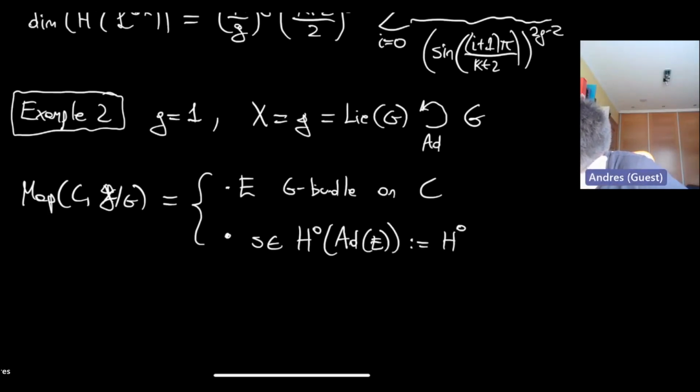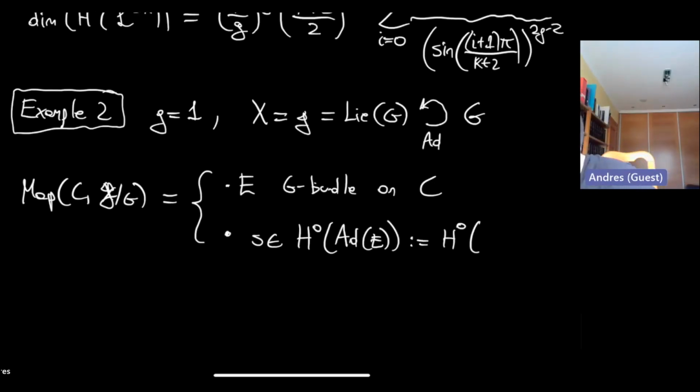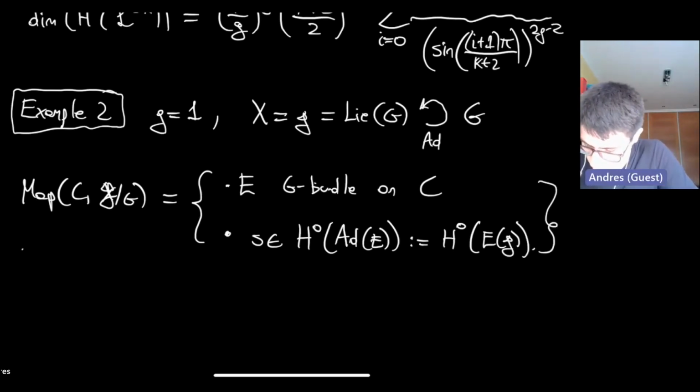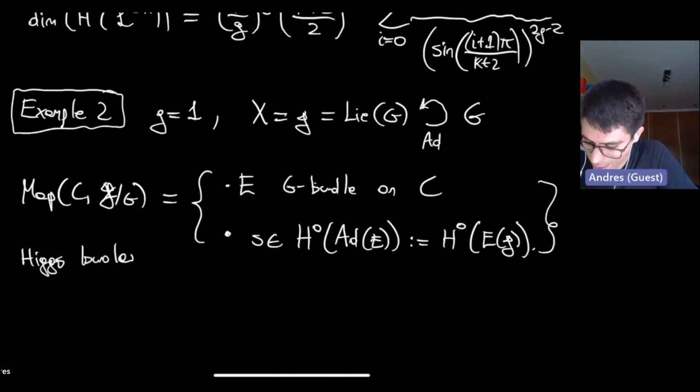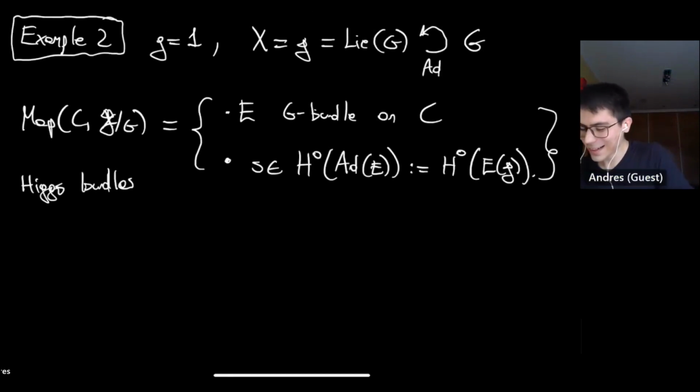This is just by definition a section of the associated fiber bundle with fiber the Lie algebra under the adjoint representation. These are generally called Higgs bundles, in this special case where the genus is equal to 1. So there's a similar story. There's a Harder-Narasimhan stratification. This is a bit more recent.